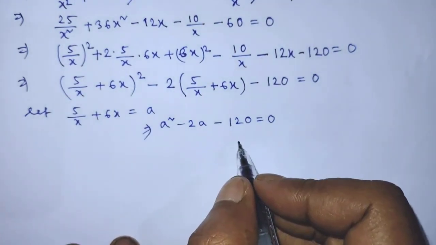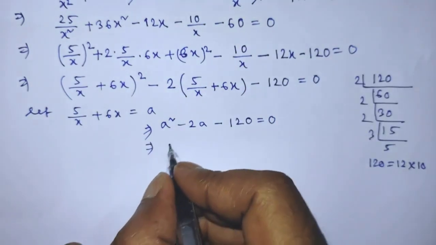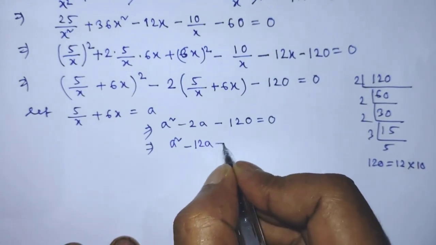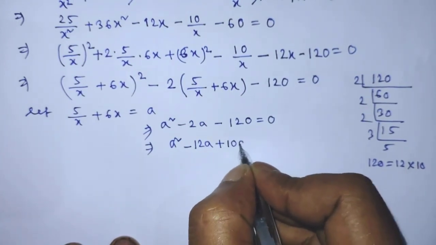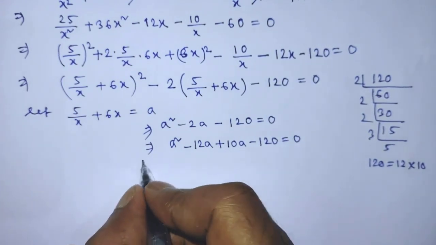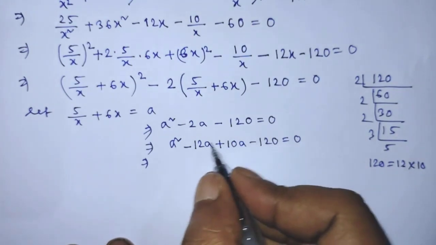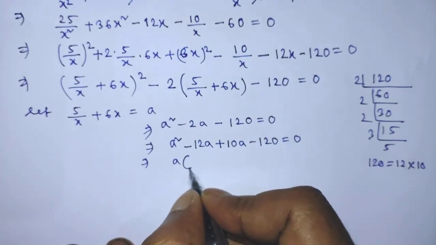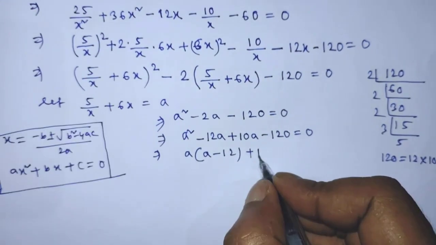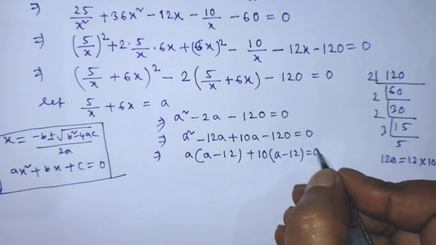So guys, according to factor theorem we can write from this equation a square minus 12a plus 10a minus 120 is equal to 0. So according to factor theorem we can write from the left hand side a times (a minus 12) plus 10 times (a minus 12) is equal to 0.